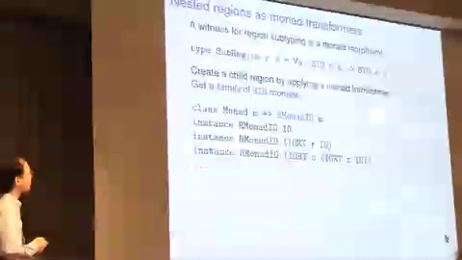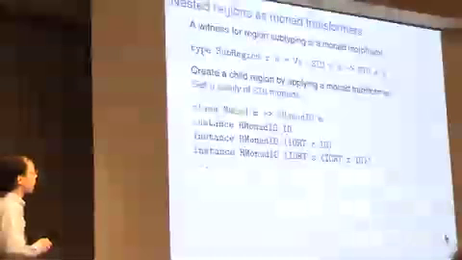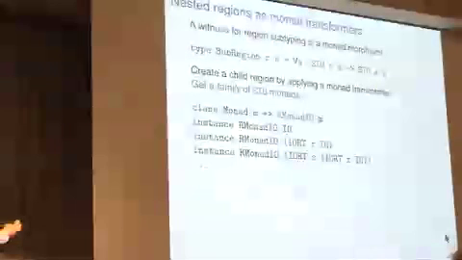The basic idea is to note that these subtyping witnesses look very much like monad morphisms. They are morphisms from the parent computation monad to the child computation monad. This inspires us to simply represent the child region by applying a monad transformer to the parent region's computation. We have already done it once.